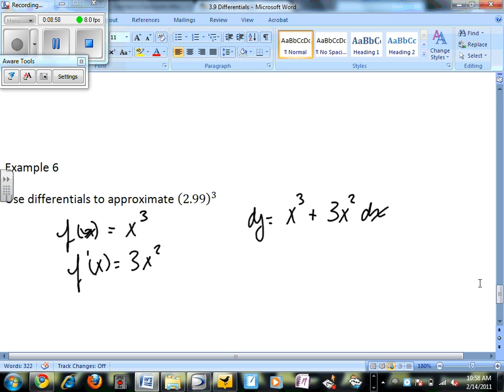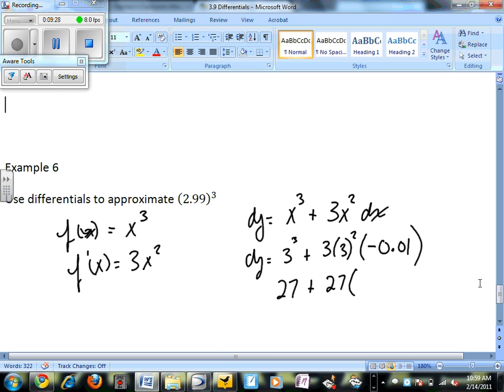Pick an easy number to use. Let's pick 3. So dy would equal 3 cubed plus 3 times 3 squared times dx. Now my difference between 2.99 and 3 is negative 0.01. So 3 cubed is 27, plus 3 squared is 9 times 3 is 27, times negative 0.01.